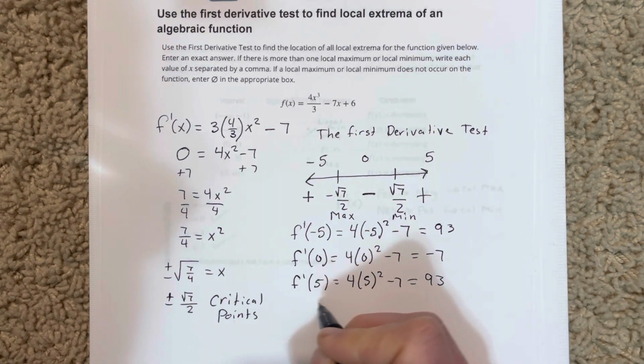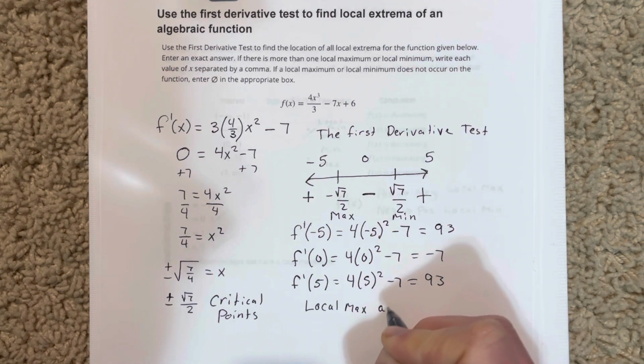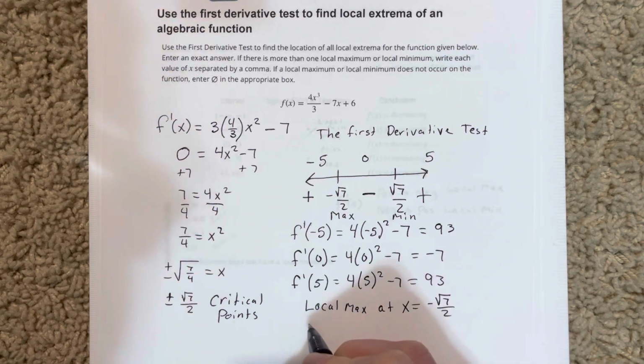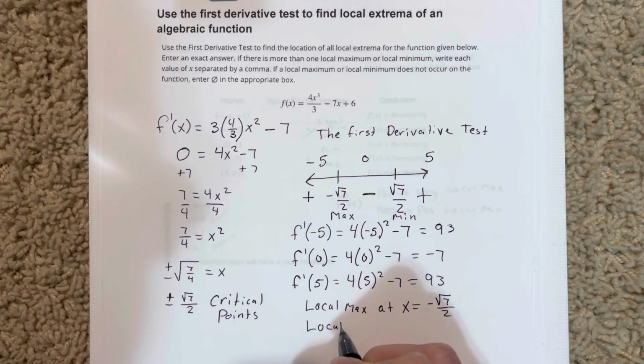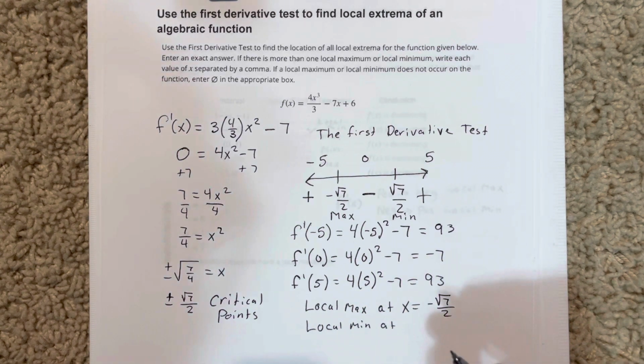So I have a local max at x equals negative root 7 over 2, and a local min at x equals root 7 over 2.